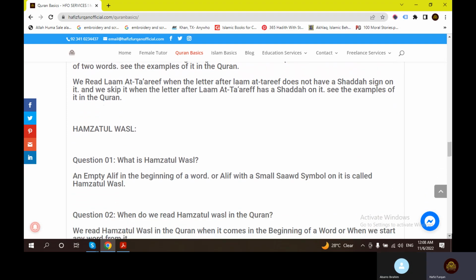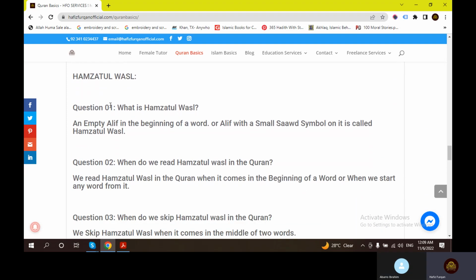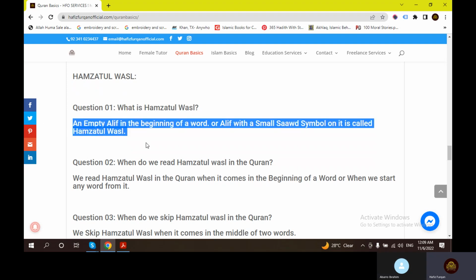Next, what is Hamzatul Wasl? This is the question that I will ask you tomorrow. An empty alif in the beginning of a word, or an alif with the small sod, is called Hamzatul Wasl. Do you get it? Yes.